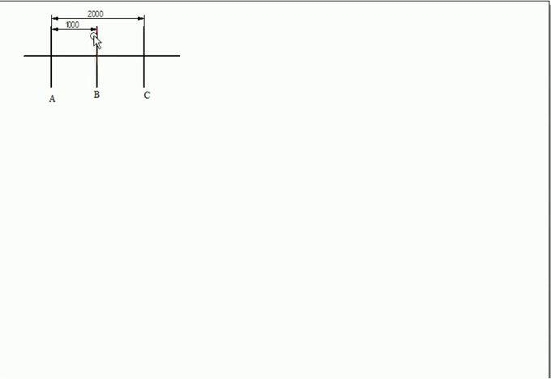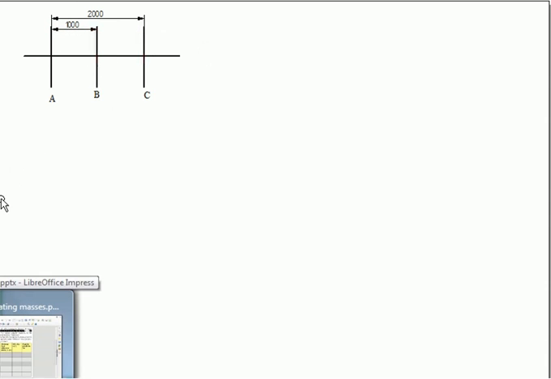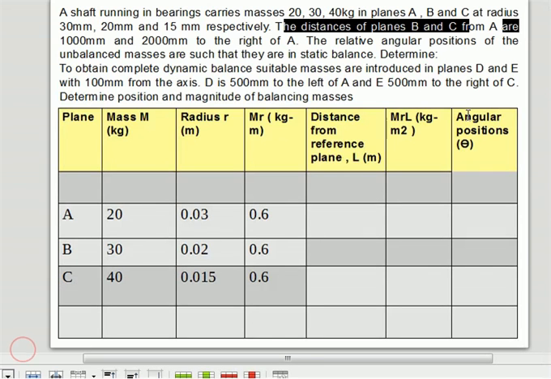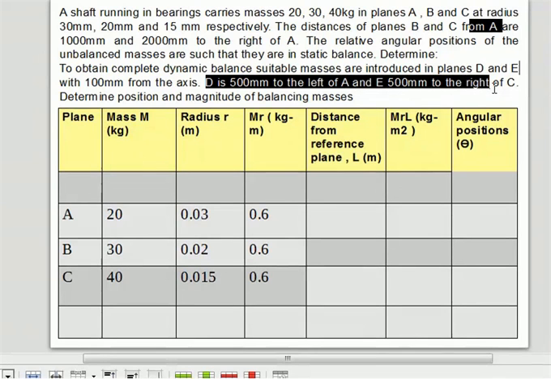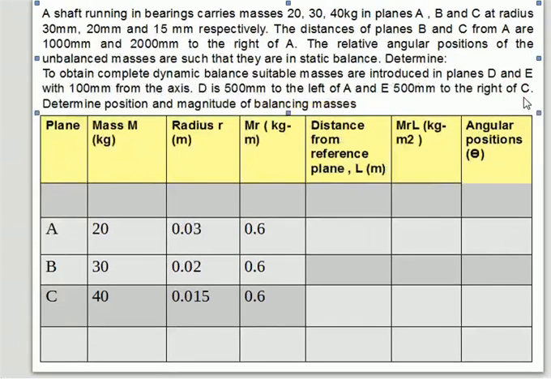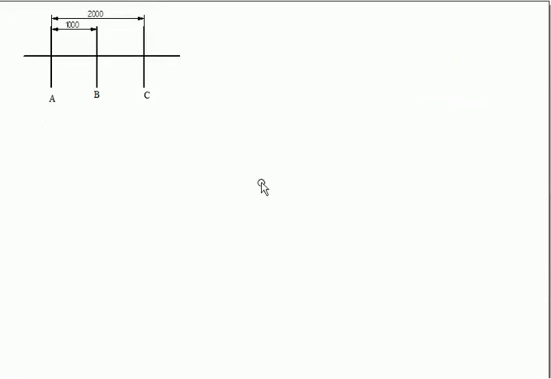So this diagram represents the horizontal distance between each plane, and apart from these 3 planes there are 2 more balancing planes, or balancing masses, introduced in planes D and E. Plane D is 500 mm to left of A and plane E is 500 mm to right of C. So we'll mark those two planes in this diagram.